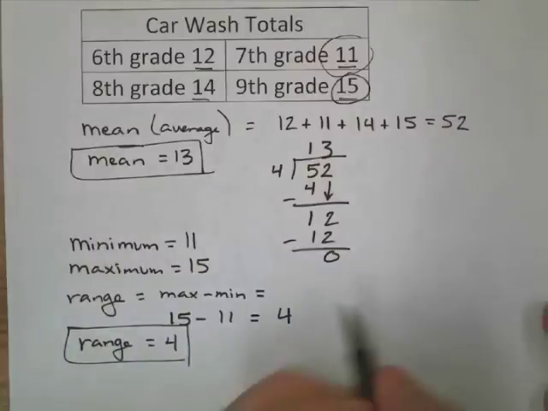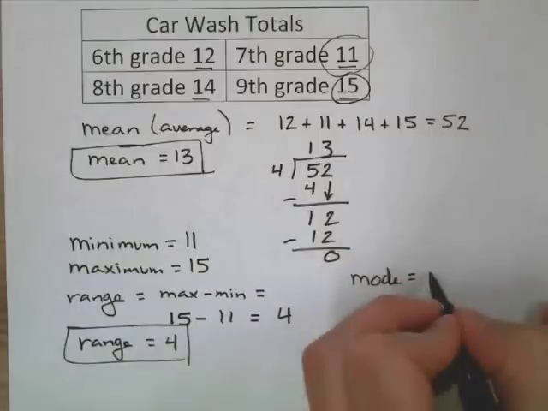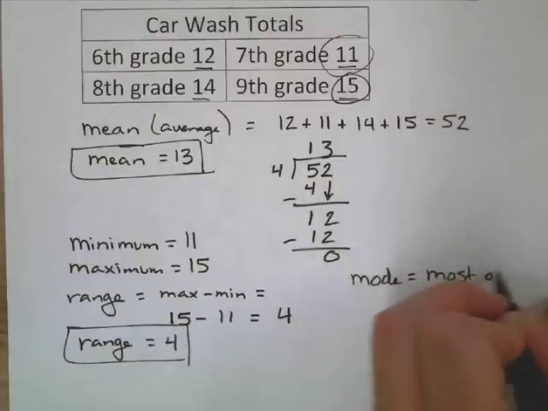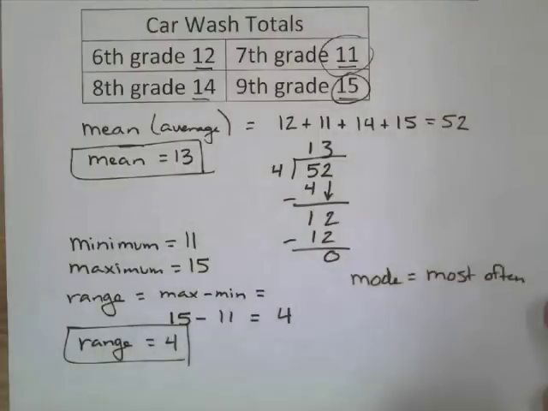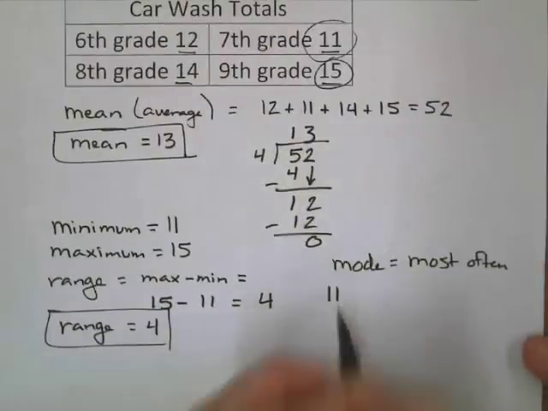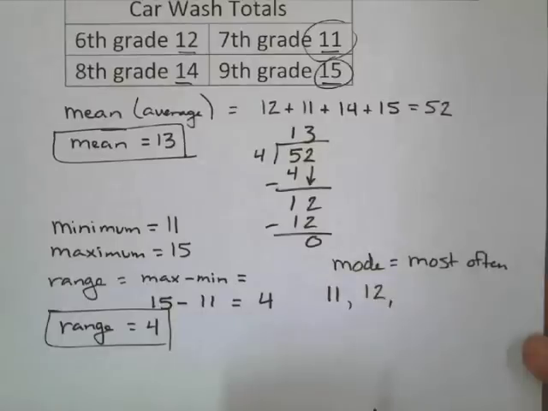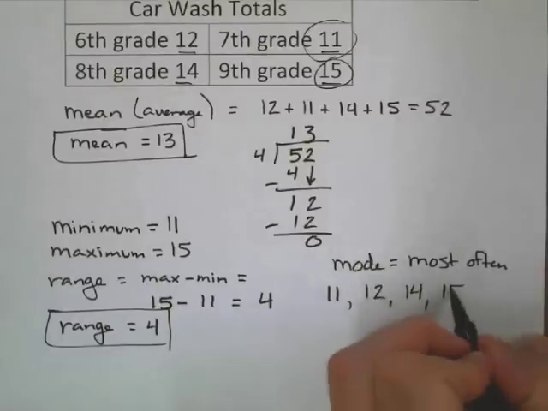Well, for a mode is the number that happens most often. So in this case, we have an 11 that shows up one time. We have 12 car washes that showed up one time, 14 that showed up one time, and 15 that showed up one time.